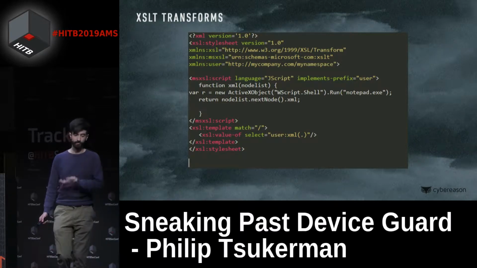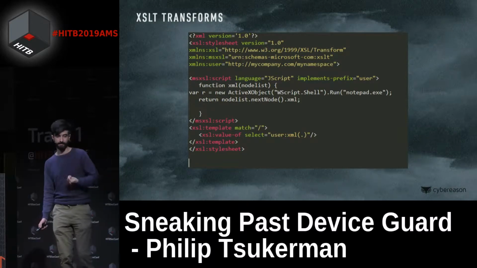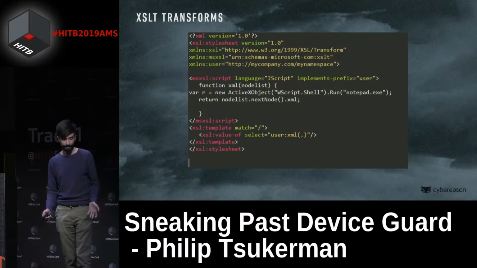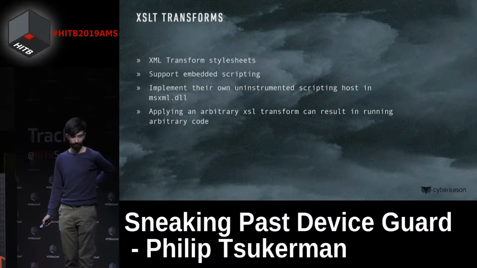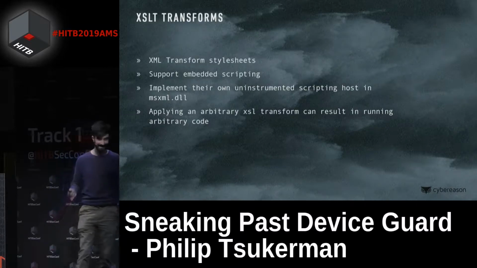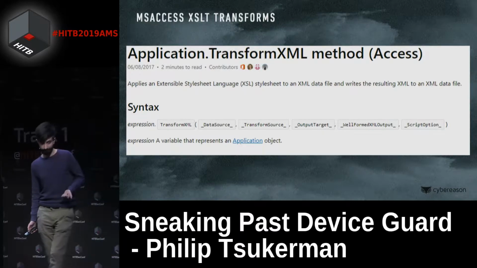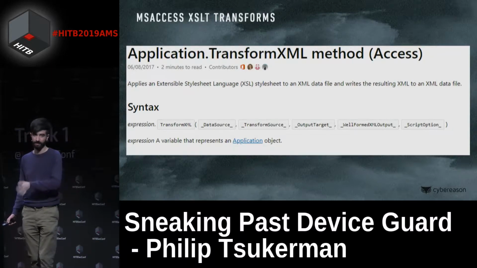So if you can somehow run and transform an XML file using an arbitrary XSL transform, you again can run unsandboxed JavaScript or VBScript or whatever. A couple of ways to do this, again using Office, is, for example, using Microsoft Access TransformXML.